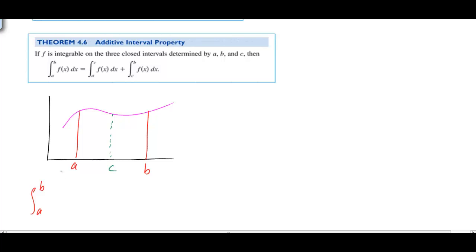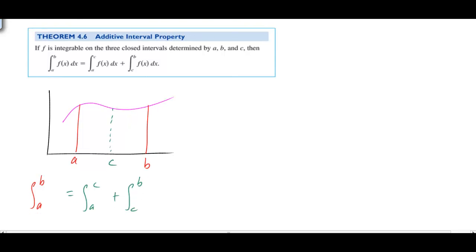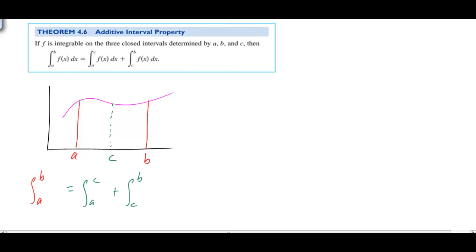What this indicates is, if we integrate from a to c and add that to the integral of c to b, I believe that's kind of intuitive and logical. Integrating from a to c, you're going to calculate this region, and if you integrate from c to b, you're going to calculate this region. So therefore, if you add it together, you're going to get the integral from a to b.